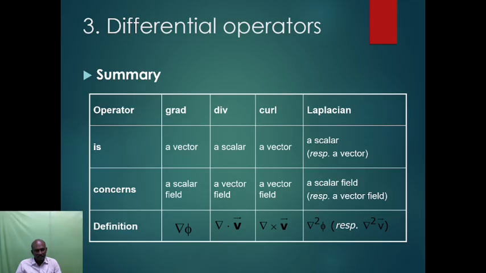Gradient gives a vector field, divergence a scalar field, curl a vector field, and Laplacian a scalar field. The representation is del phi for gradient, del dot V for divergence, del cross V for curl, and del square phi for Laplacian.